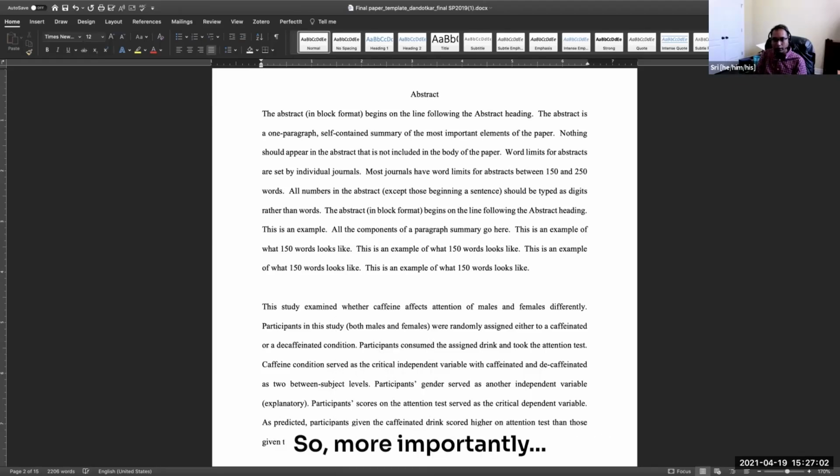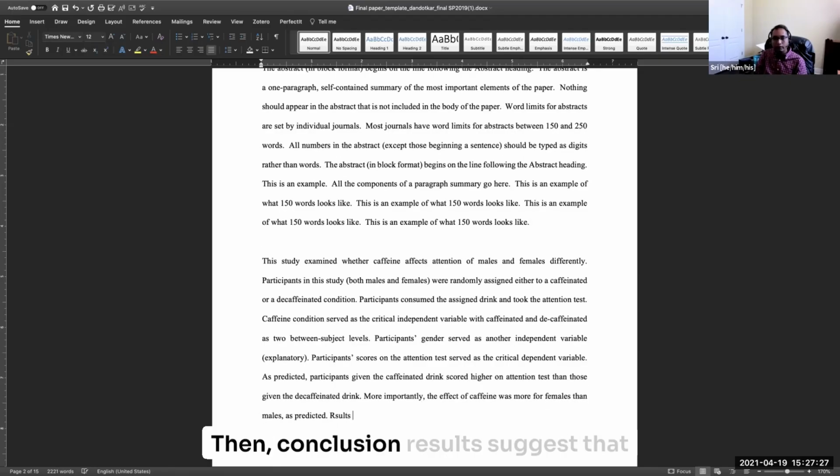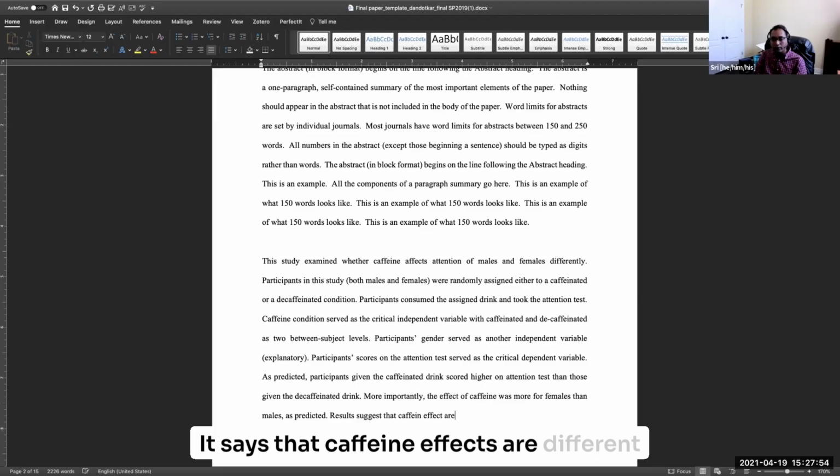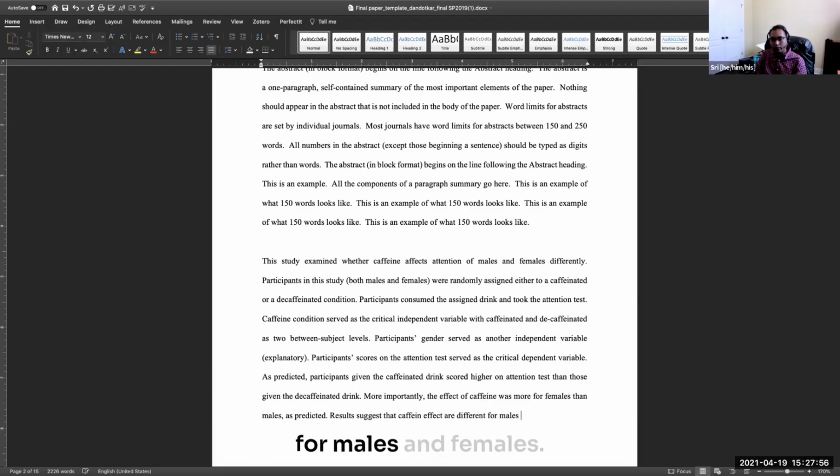So more importantly, the effect of caffeine was more for females than males. Then conclusion: results suggest that caffeine effects are different for males and females.